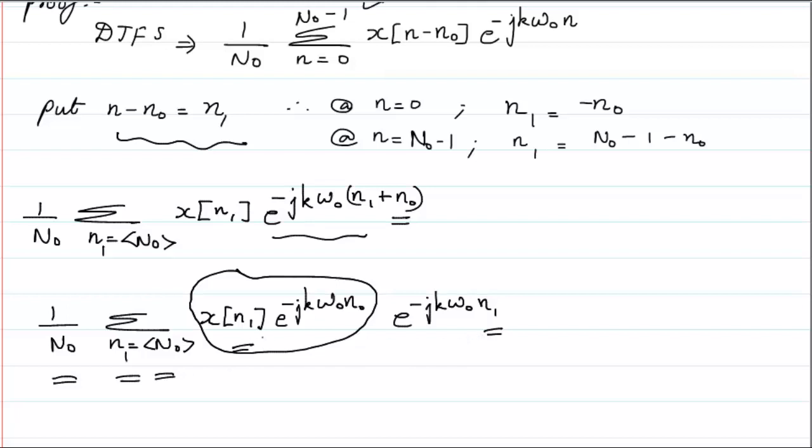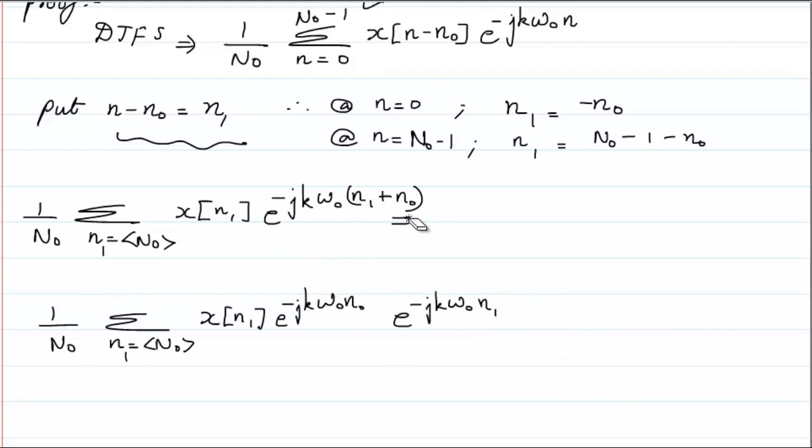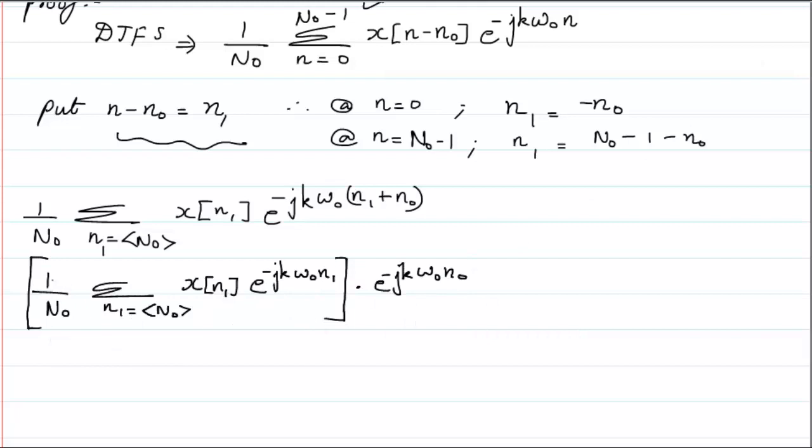Okay, DTFS of this equation, wherein since this part is not having anything related to n1, I can take this as a constant outside. Okay, so the rest of the portion I will write inside the bracket. First let me write this a little bit small so that I will get some gap here to write the equation within this page. So I write the same equation. I have split these two apart, and the n naught portion I have taken out and written outside.